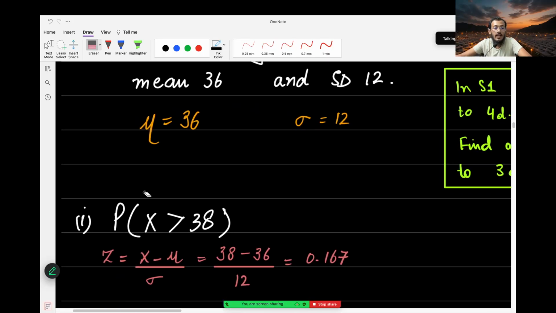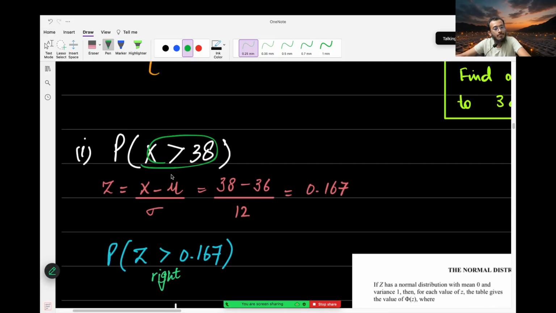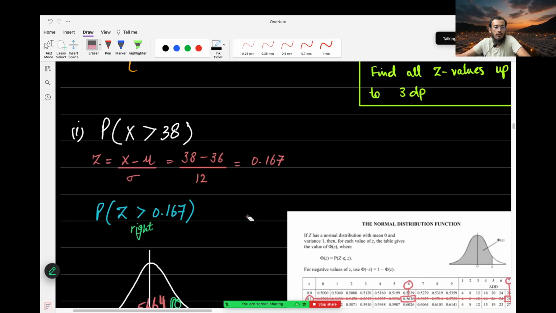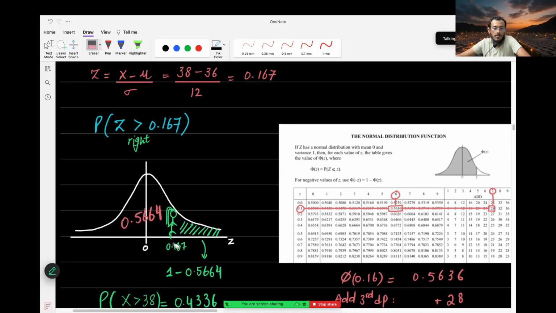Yes. Now they have asked us to find the probability that x is greater than 38. So we replace that with the probability that z is greater than the value that we found, 0.167. And then you use the normal procedure. You find the table value of 0.167.